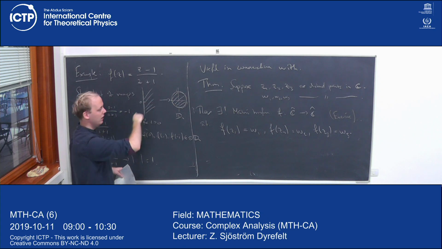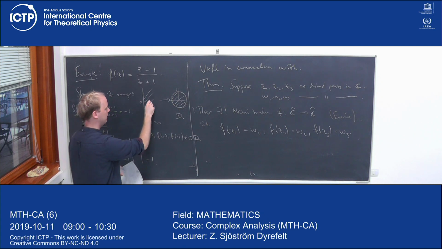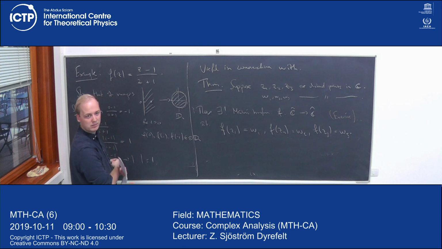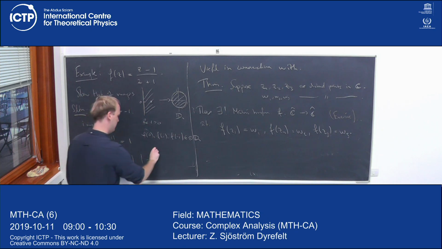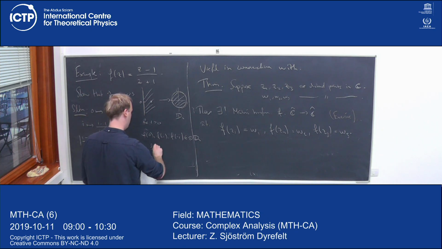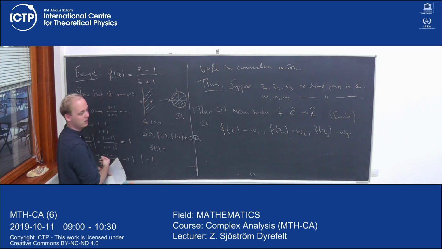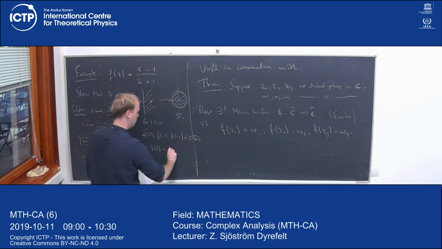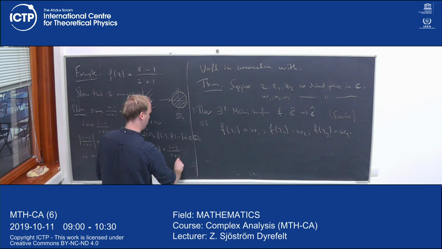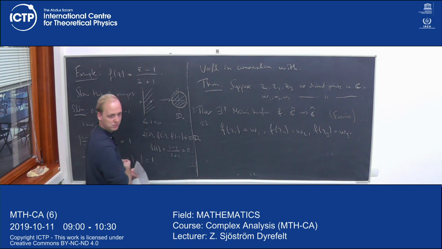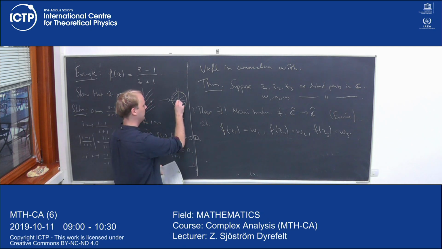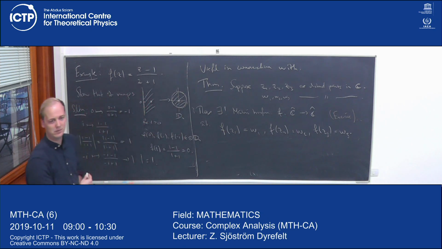Remember? So then what do we do? We just test 1 point here. So the final test is to see that f of 1, or any point you want, but 1 seems convenient, is equal to 1 minus 1 over 1 plus 1, which is equal to 0, which is easily seen to be inside.